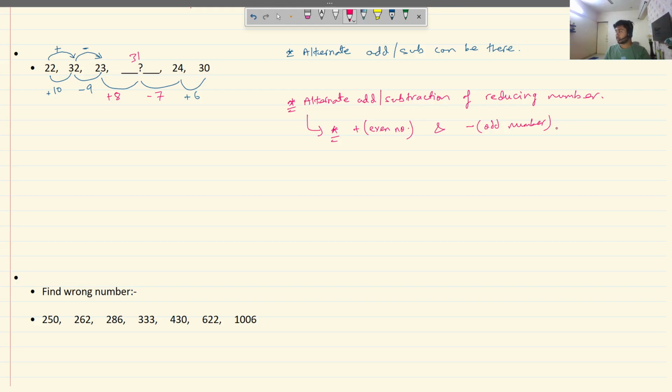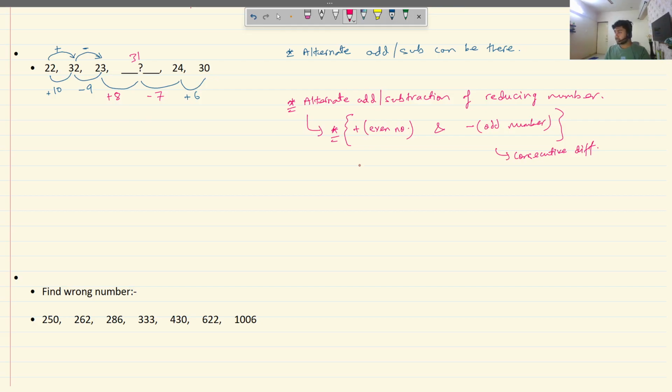And this is again the consecutive difference. So if my consecutive difference is even, that is plus, and if my consecutive difference is an odd number, that is negative. Some people can think also in terms of that. So 10, 8, 6, these are all positive, and 9, 7, all the odd numbers are negative.